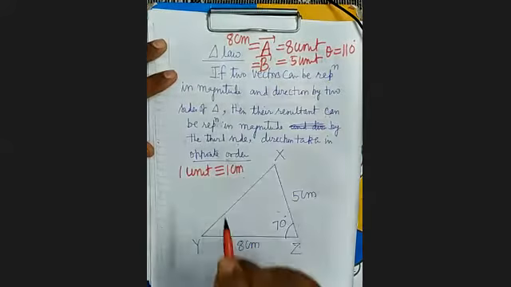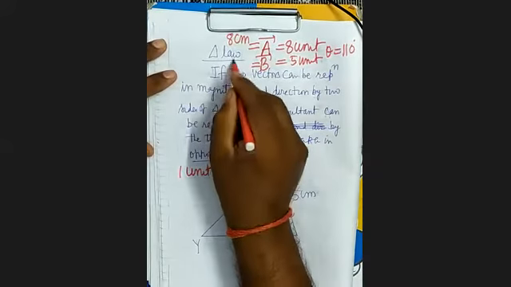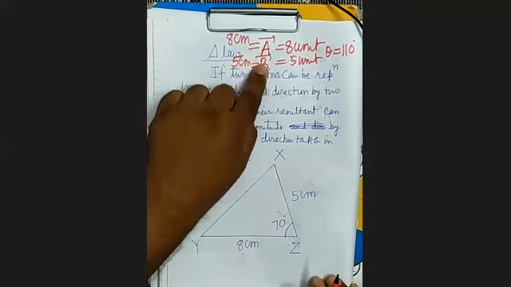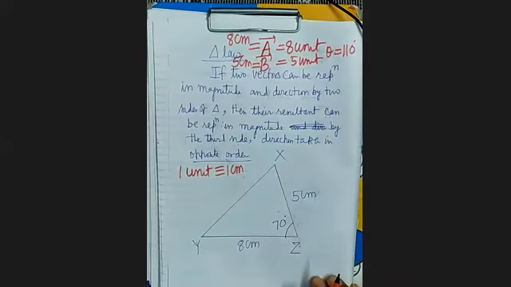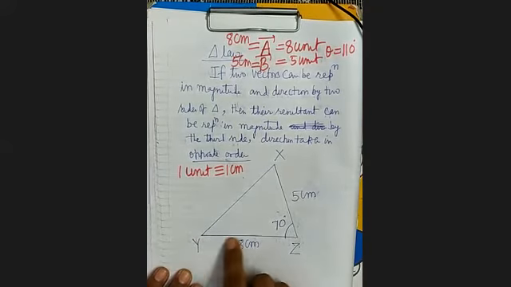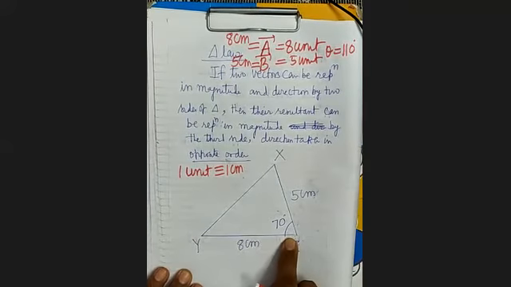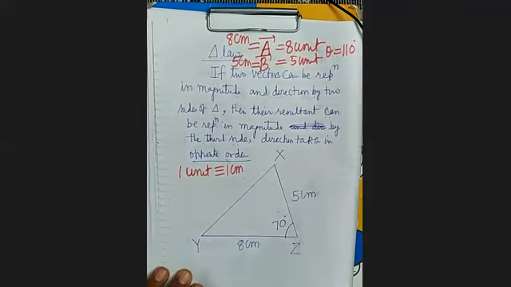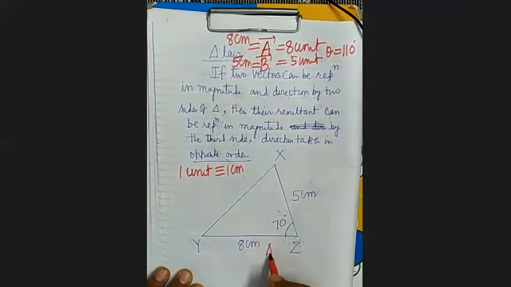Vector B can be represented by a line segment of how many centimeter? 5 centimeter. And what is the angle between them? 110. So you can see here YZ, it is of 8 centimeter. It can represent the vector A.